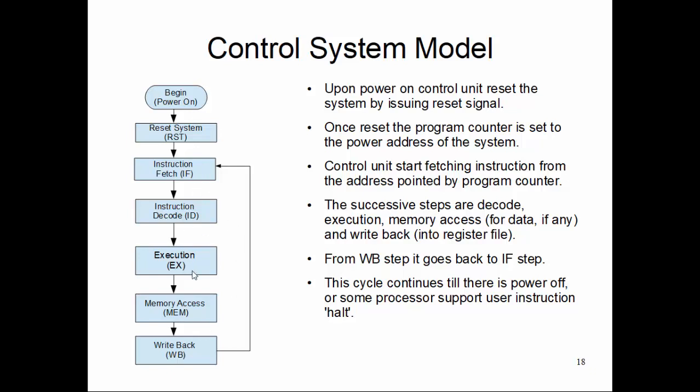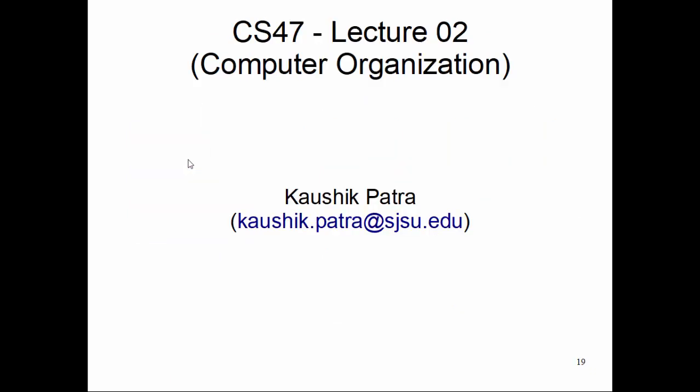That means we are talking about 25 million clock cycles in this processor control system model. That concept is important for perceiving, when you are writing a high level program, how to estimate how much time it will take.